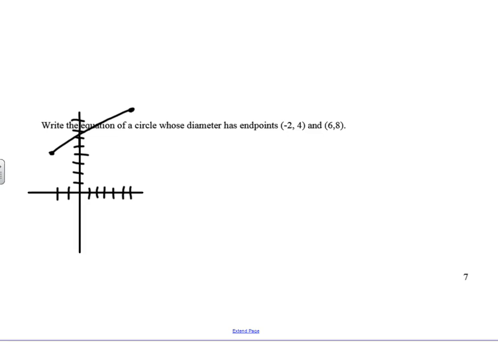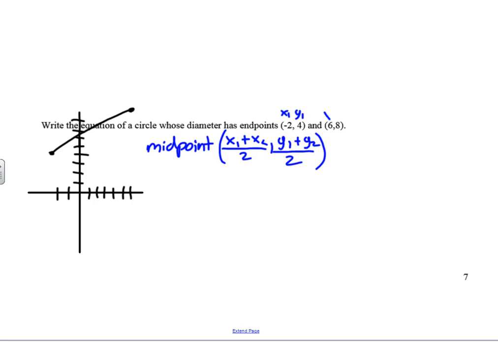Well, the deal here is we need to find the midpoint. So the midpoint formula: x1 plus x2 divided by 2, comma, y1 plus y2 divided by 2. You have to add and divide by 2.